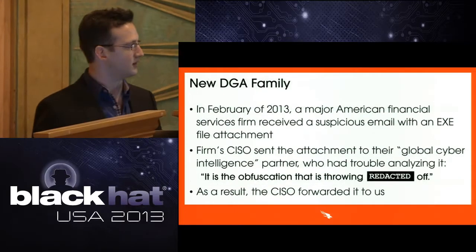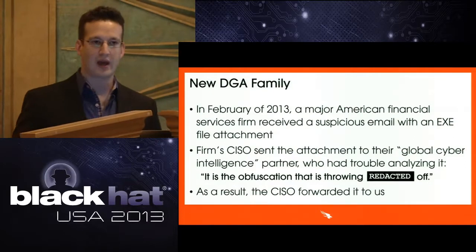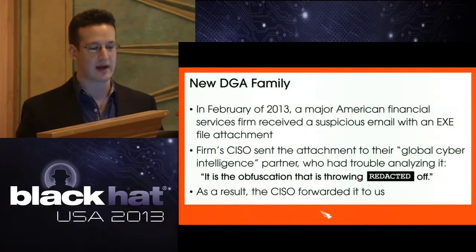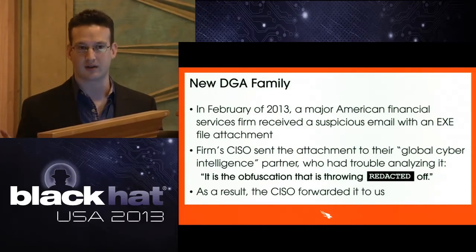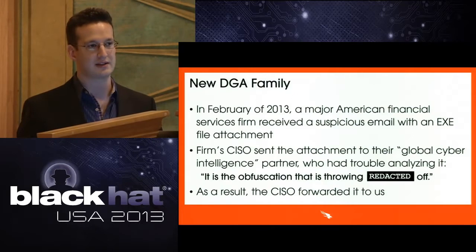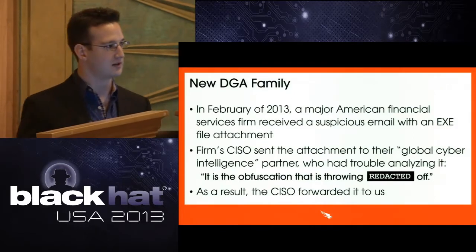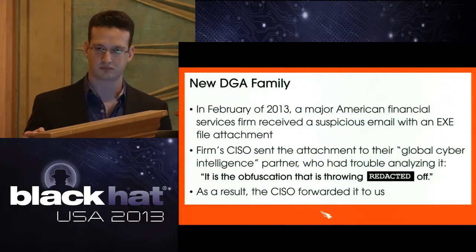So a few months ago, in February, the CISO of a major American financial services company emailed us and said, hey, CrowdStrike, we just received a suspicious looking exe attachment to an email coming into our networks.